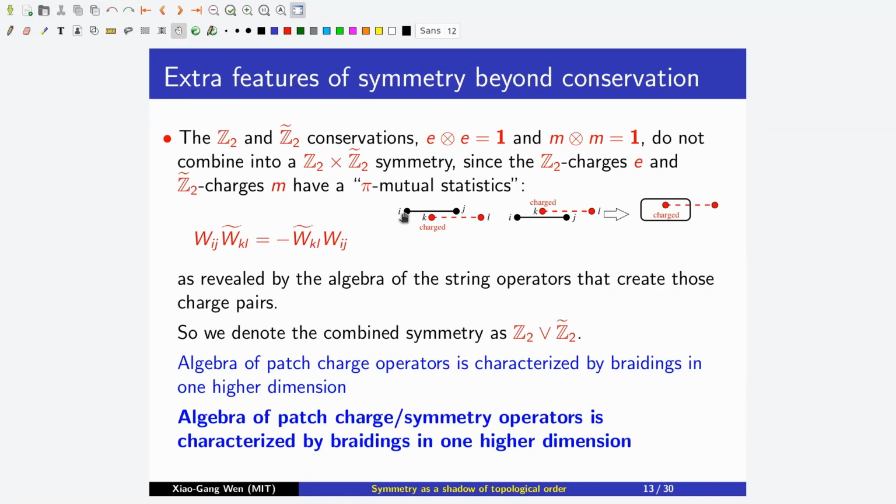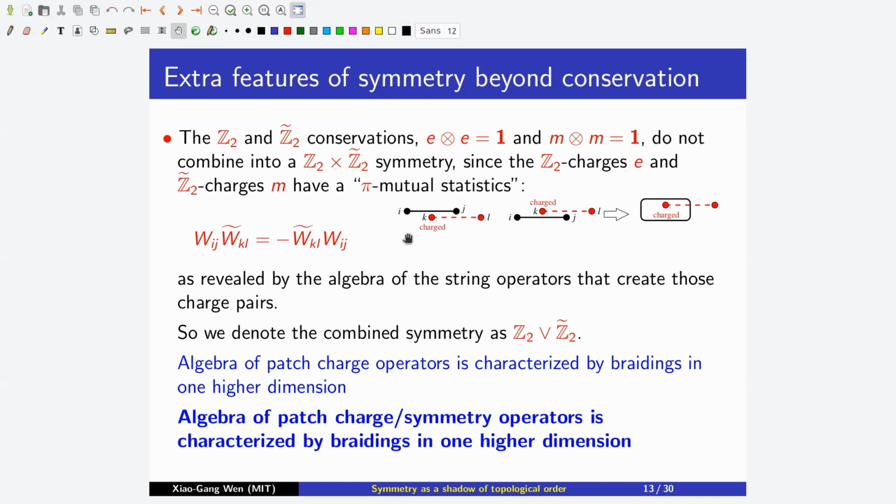That is, if the boundary of the two patch operators is a link, both are charge operators, one for the Z2 charge, another for the Z2 dual symmetry charge, then they anti-commute. So we will have this relation, they anti-commute. Then we view this operator algebra as a braiding.